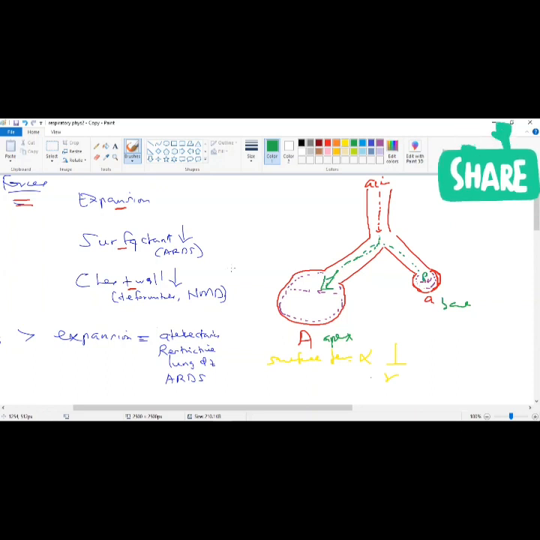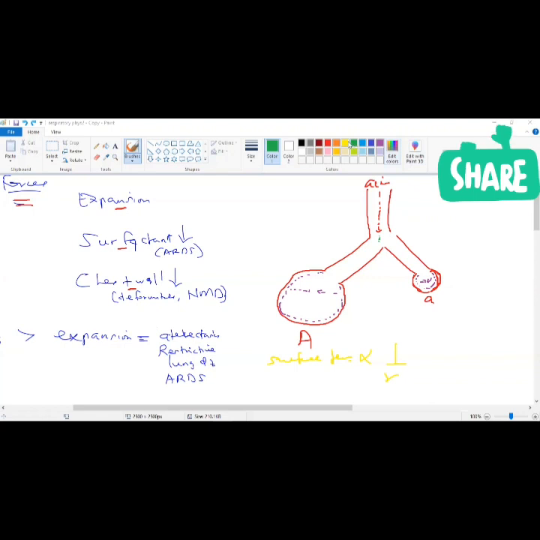So how do we solve this problem? Surfactant. So what will surfactant do? Surfactant coats the surface of the alveoli and decreases what? The surface tension. I want to ask you guys a question. Which alveoli here do you think will require the most surfactant?